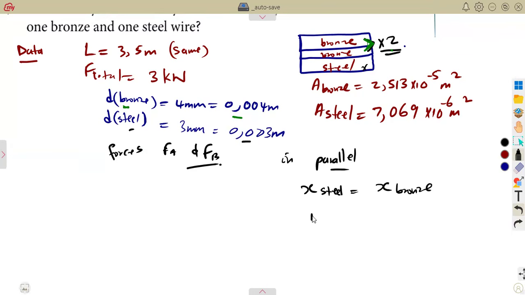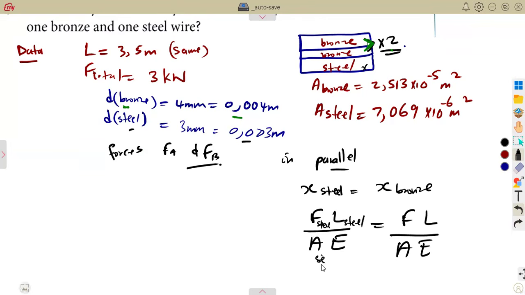So from the formula, guys, we saw FL over area times E, and the same FL over area times E, but this is just to say this is for the steel, and this other part is for the bronze.